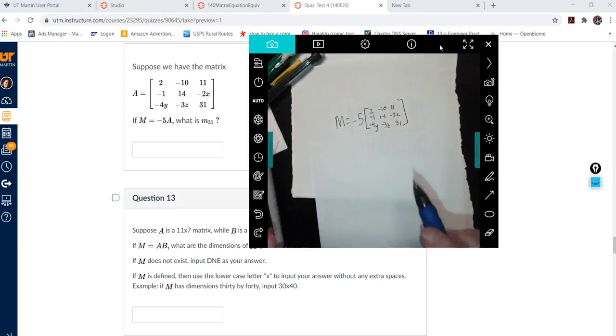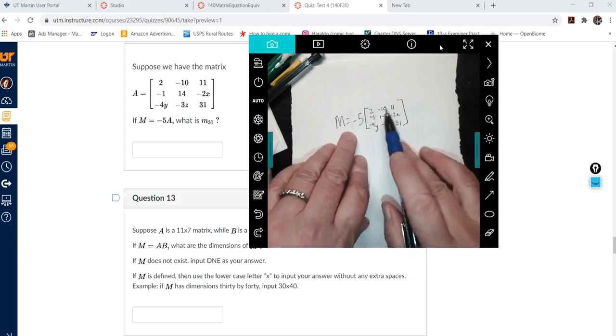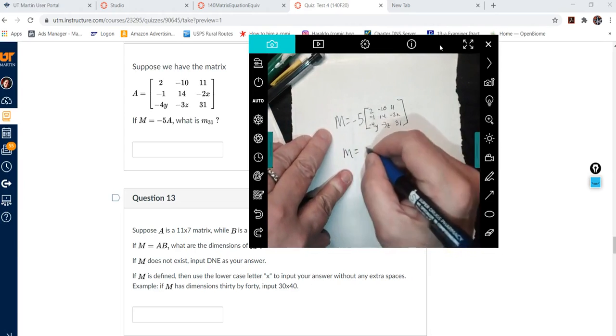And if you multiply a matrix by a scalar, then that number gets multiplied into every entry.